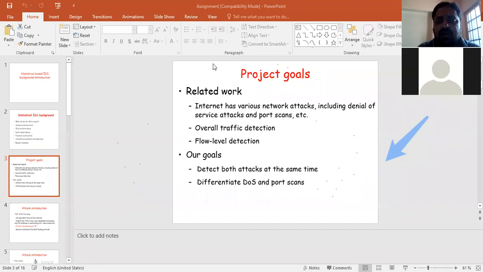So we need to detect those attacks and prevent the attacker from damaging the system. We apply different methods to detect the attacks, and we can have different intrusion detection systems installed on the system or on the network to detect different intrusions.